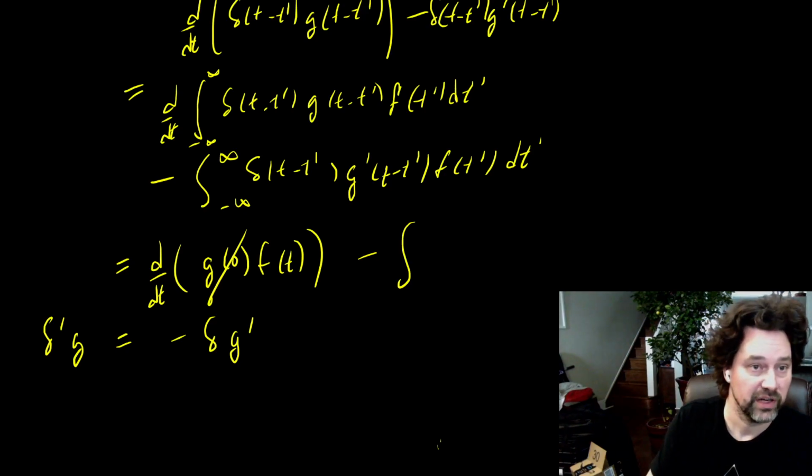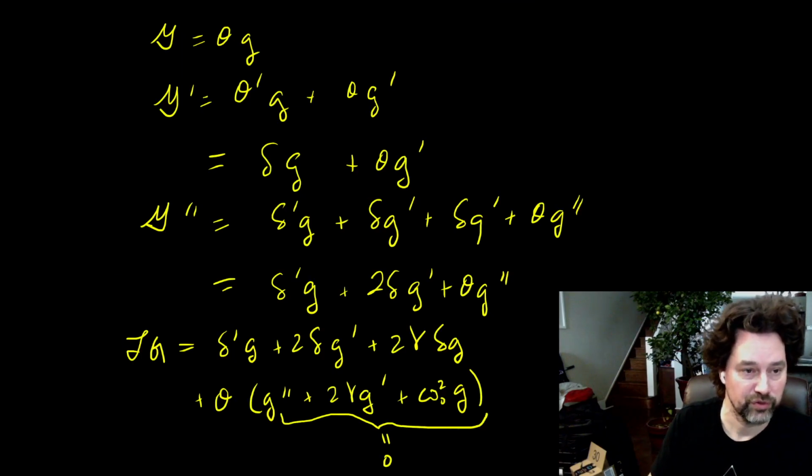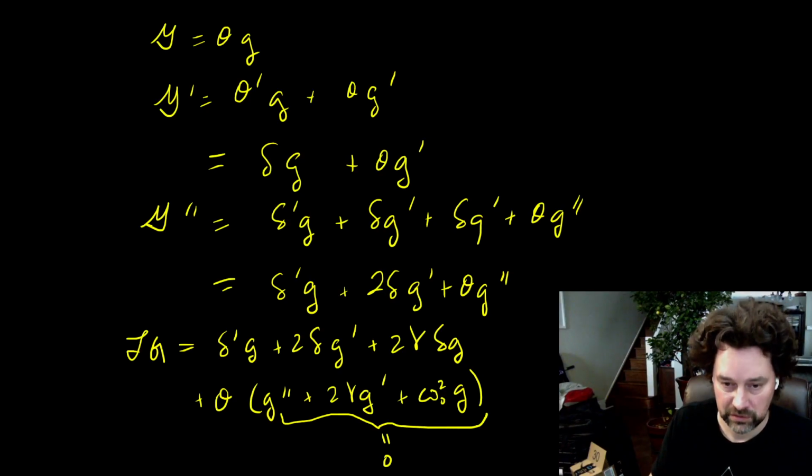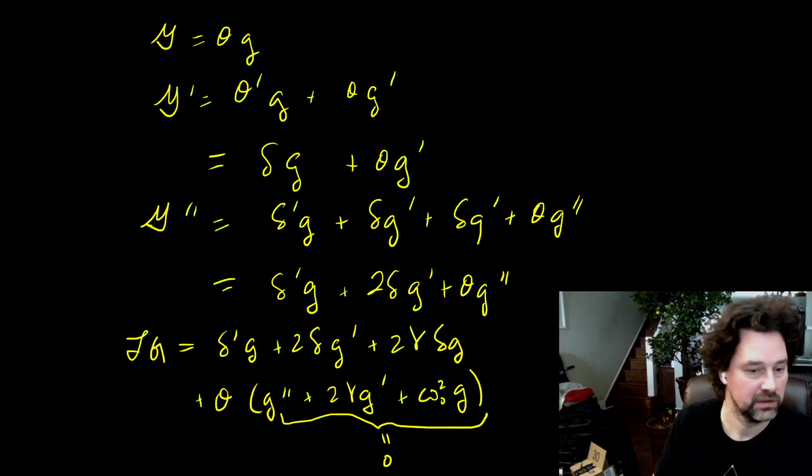And look back to where we were before: if LG was delta prime g plus 2 delta g prime plus 2 gamma delta g. Now we can expand this out: minus delta g prime plus 2 delta g prime plus 2 gamma delta g.